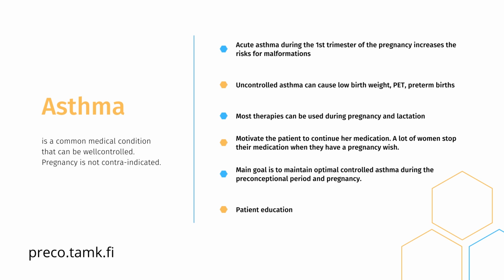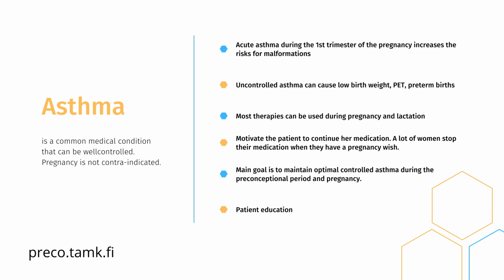Pregnancy increases oxygen consumption by 20%. To compensate for this need, minute volume will increase by 40 to 50%. As the uterus enlarges, it pushes the diaphragm up, which results in a reduction of lung capacity. Consequently, around 75% of pregnant women with asthma suffer from dyspnea.